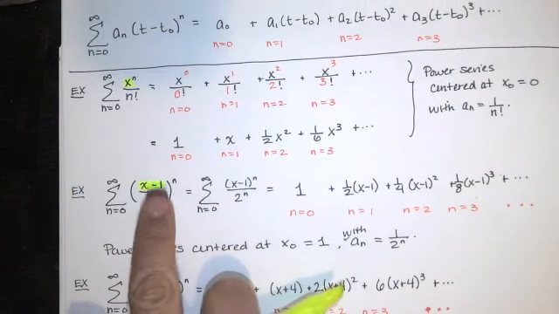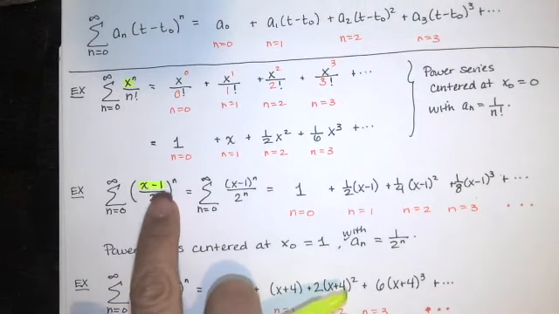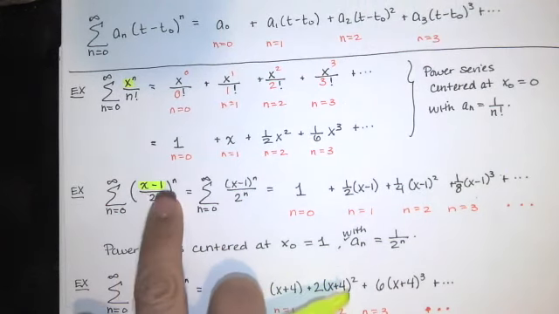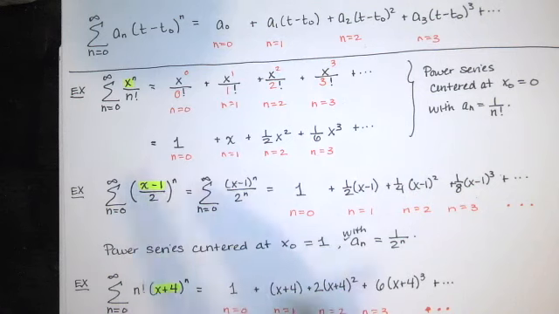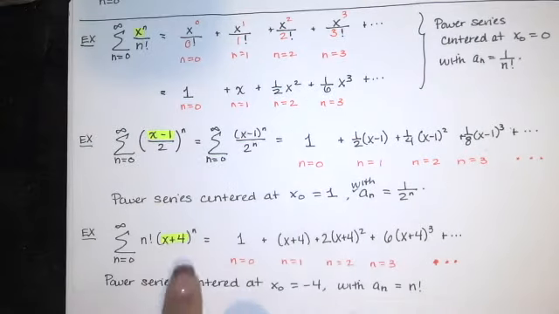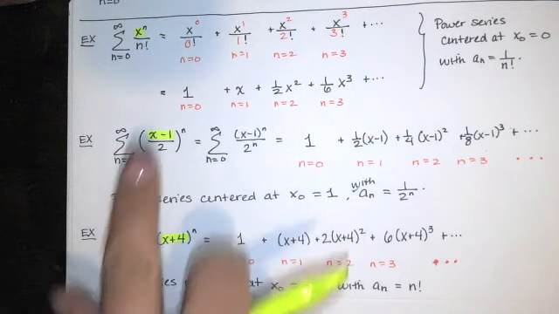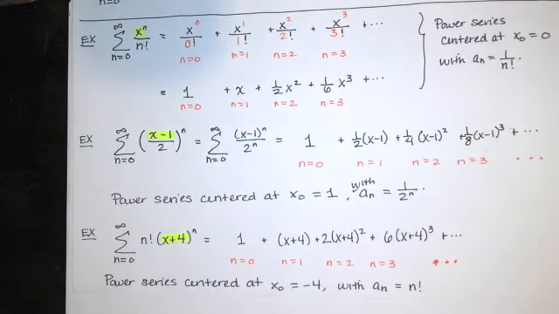Or you can think of it as the number that you're subtracting from the x. So I'm subtracting a 1 from the x, so the center is 1, or I can say that would equal 0 when x equals 1, so the center is 1. This would equal 0 when x is equal to -4, or you can say you're subtracting a -4 from the x. So that's centered at 0, 1, and -4.